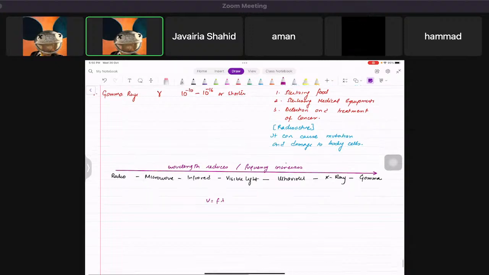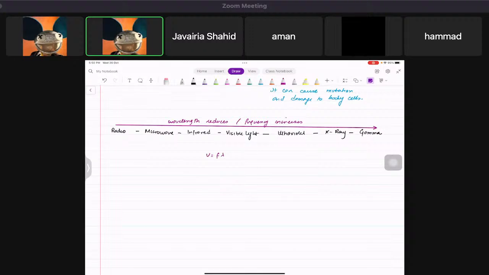Now visible light itself has its own spectrum. We'll learn that.